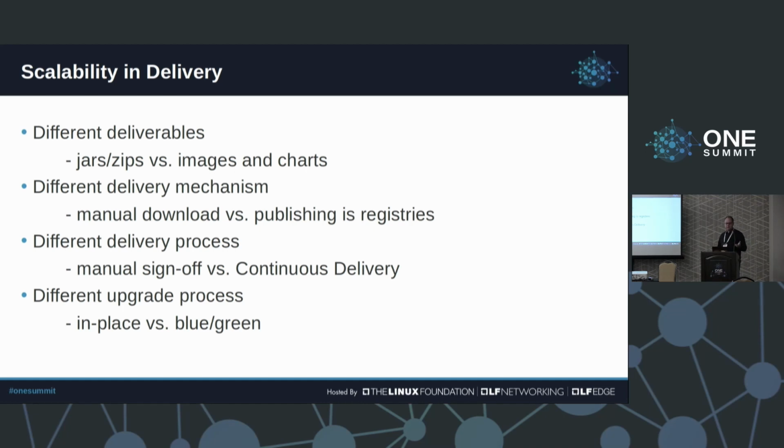So this is also part of scaling the project, and we need to think about the different trade-offs that need to occur there. And obviously, the upgrade process has changed wildly. We currently support in-place upgrades, but that's not really how you run your networks, right?